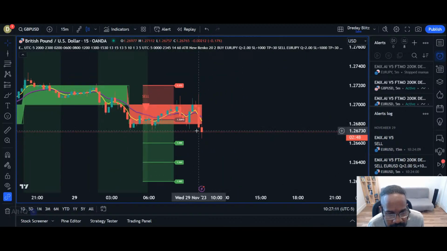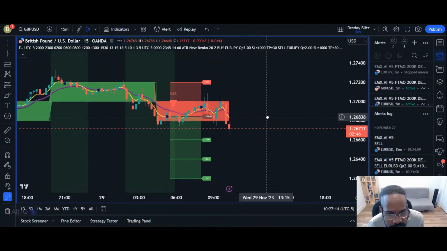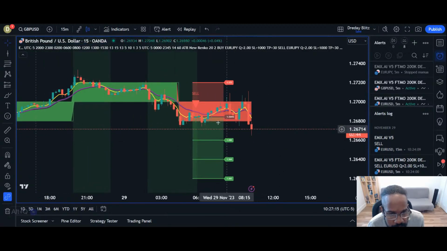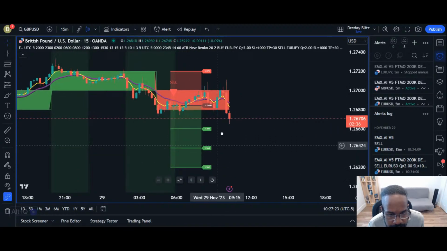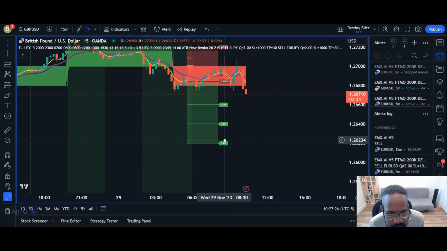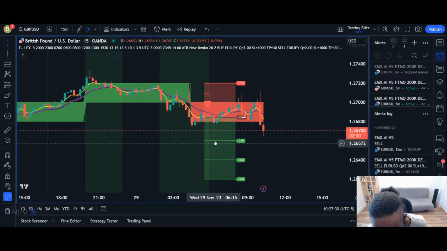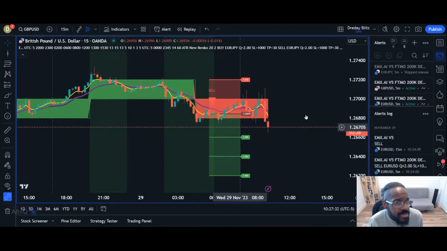So if you got that GBP USD sell, even though you don't have your TP zones, these are basically your TP zones: first, second, third. It's always the same. It's always calculated based off of the Renko that you're using.